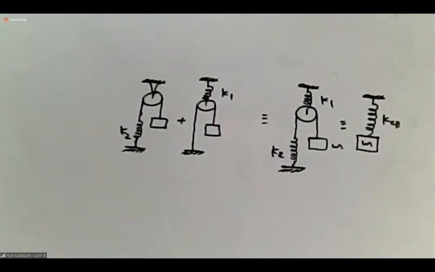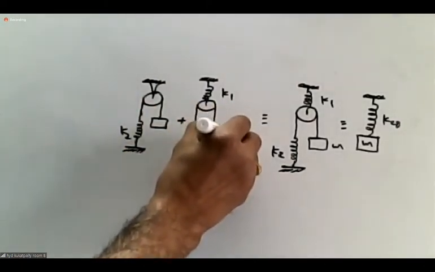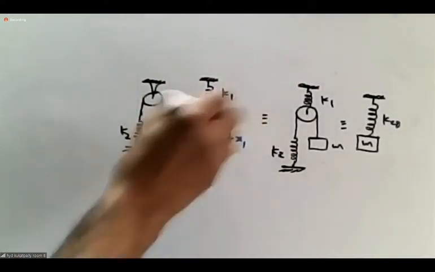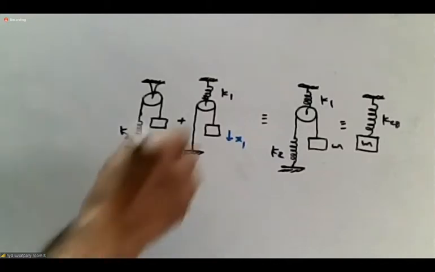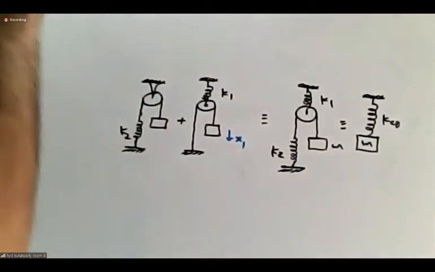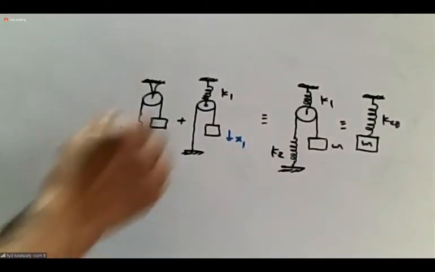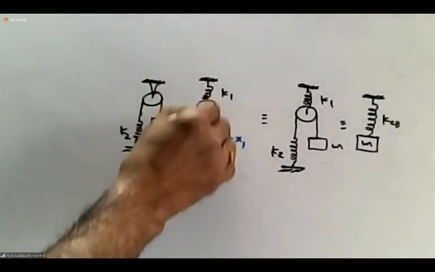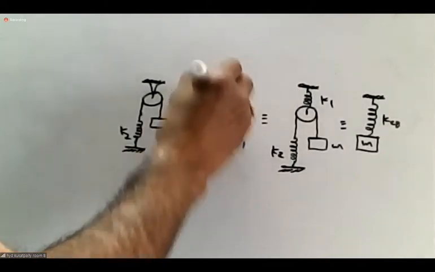Okay? First case. The system moves down x1. Then the center of the pulley will move down x1 by 2. The center of the pulley moves down x1 by 2, so x1 by 2 here and x1 by 2 here will make x1. Then this spring elongates x1 by 2.